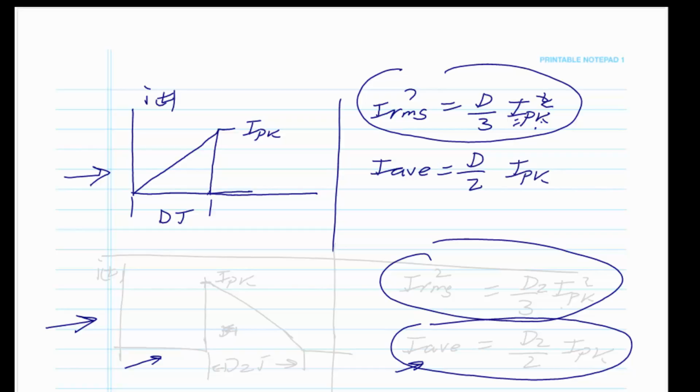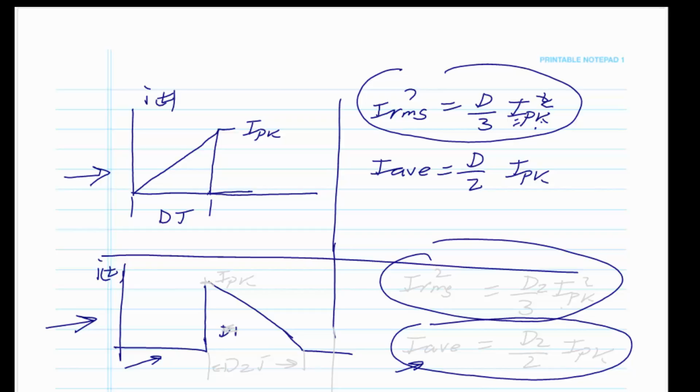And the last part here, another waveform that I see, is going to be one that comes here to here. That's going to be into the diode that you'll see in the boost and the buck boost in discontinuous conduction mode. And that's I of t, and this is d prime. This is going to be d2 times T. Okay, and then again I peak.